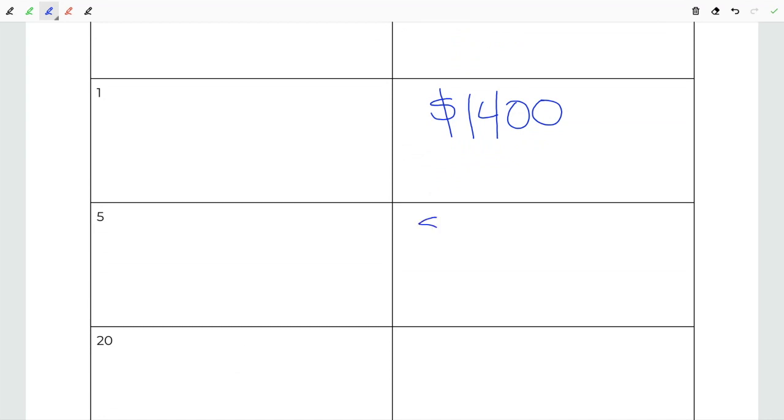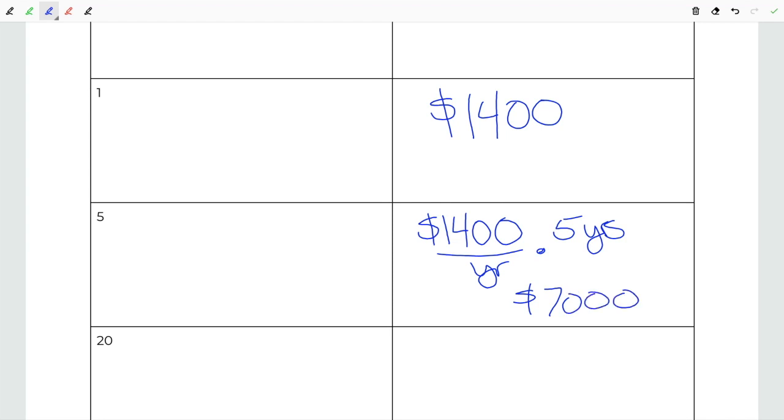In year 5, we have paid $1,400 per year for 5 years. And that tells us that we have paid $7,000.